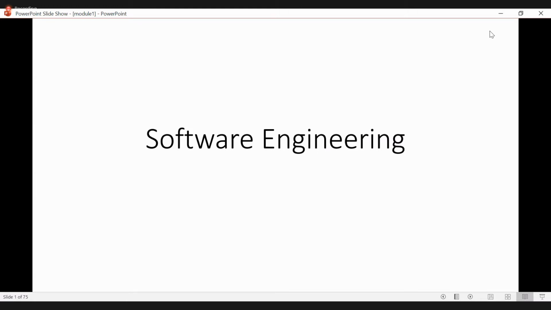What is a data structure? You already learned data structures.